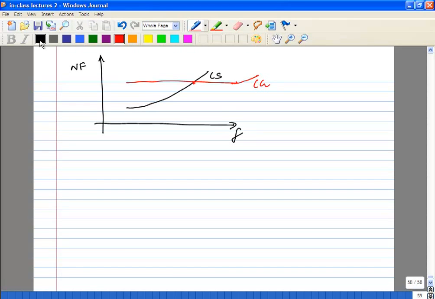So let's look at some other quantities of interest. We did input match, output match, and we did stability. So let's look at voltage gain, AV. We already know this, right?